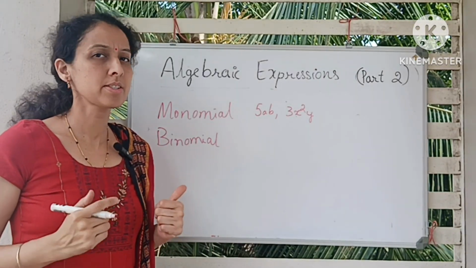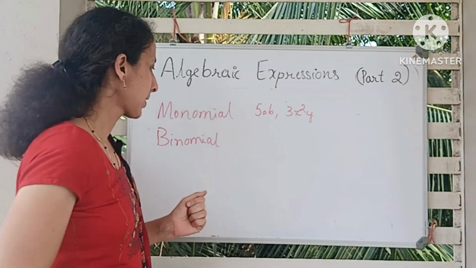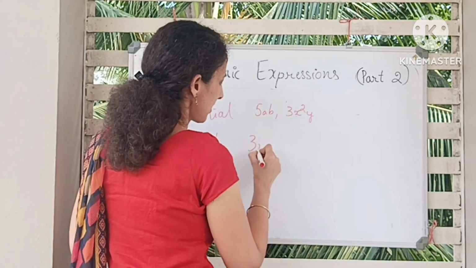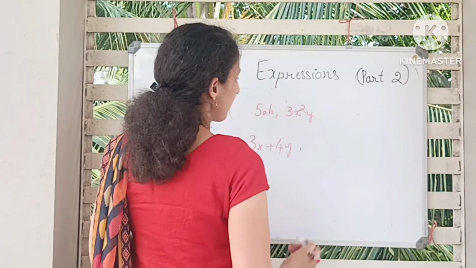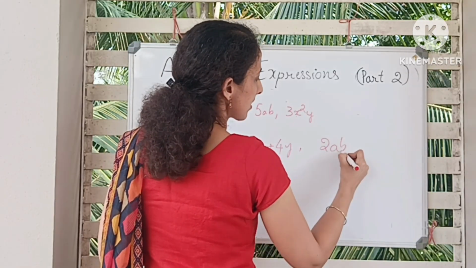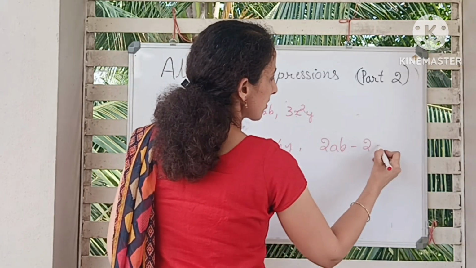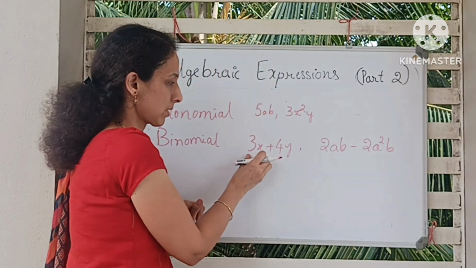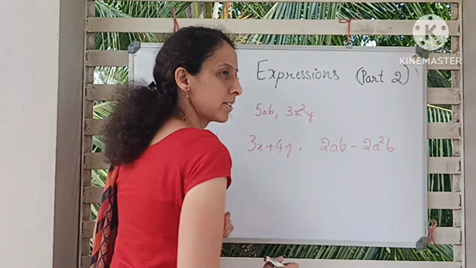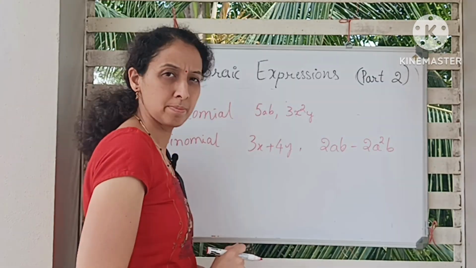Binomials are expressions that contain two terms. For example, 3x plus 4y or 2ab minus 2a square b. These contain two terms and are called binomials.